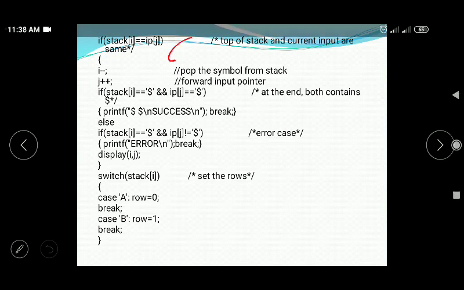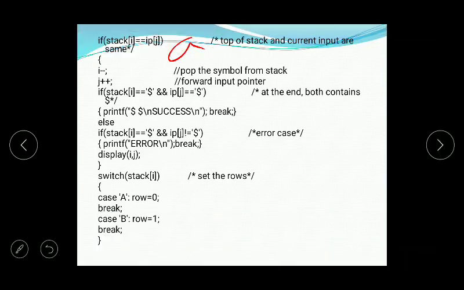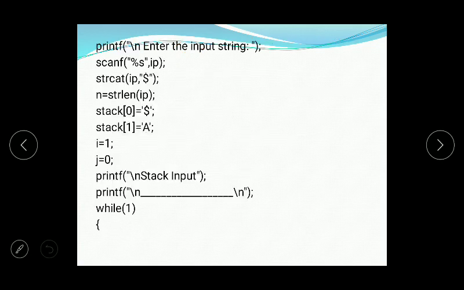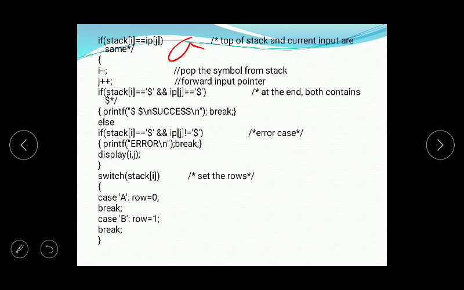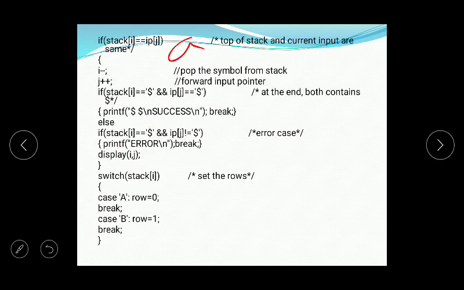First input is A. Stack of 0 is dollar and stack of 1 is A. What is the i value? The i value is 1. So stack of 1 is A, which is equal to input. Top of the stack and current input are the same. Then what we have to do? Pop the symbol from the stack, that is i minus minus.